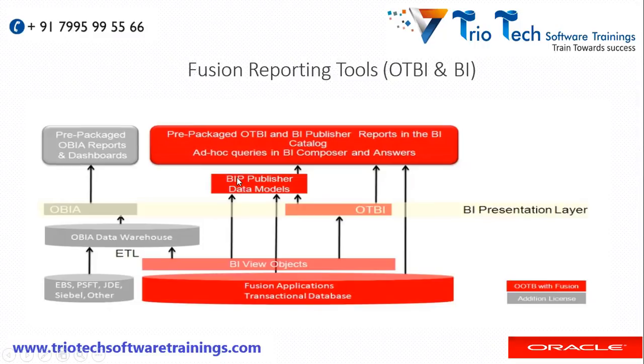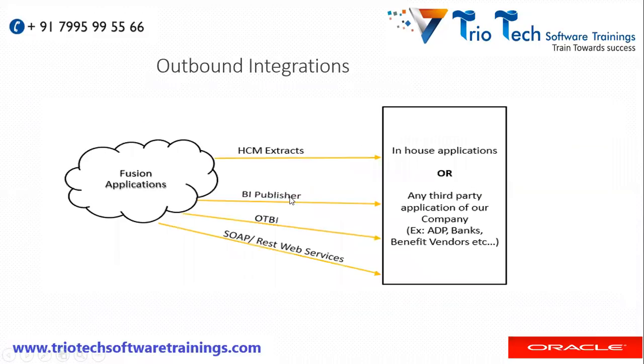So using this BI Publisher data model tool, I can further create various complex reports, and I can schedule the processes to run the reports, and I can trigger emails through these reports. I can have this report scheduled at a certain time so that it can be used as an outbound process or as an outbound source.